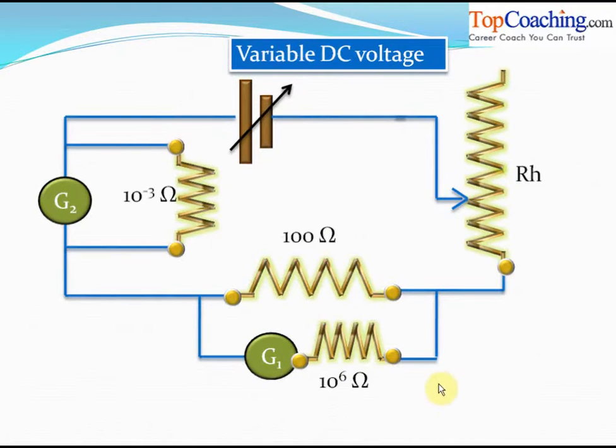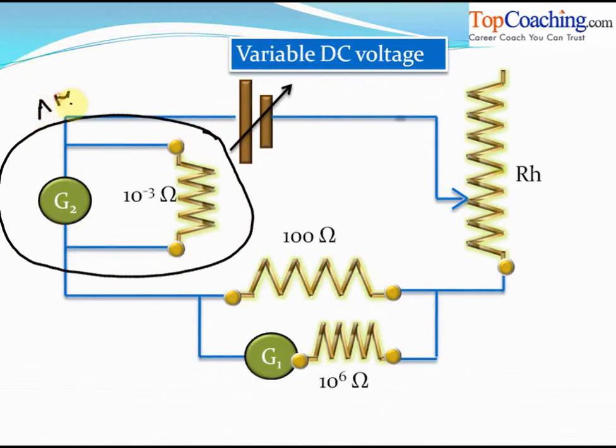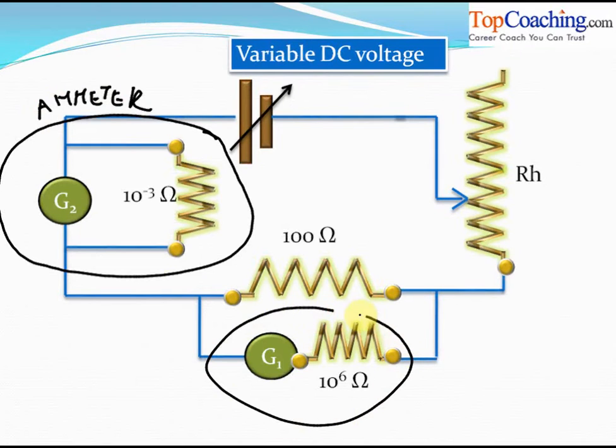Similarly, I have connected the very large resistance of 10 raised to 6 ohms in series with this galvanometer to form a voltmeter. So this is an ammeter and this is a voltmeter. And this is the final circuit for experimental verification of Ohm's law.